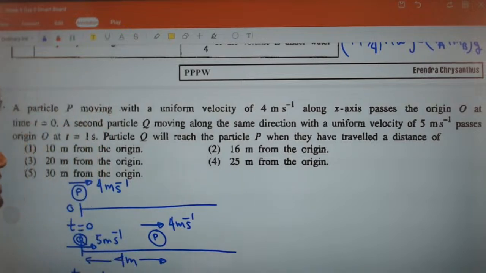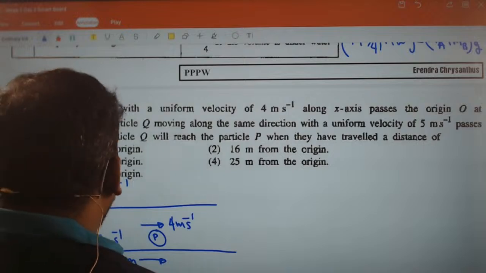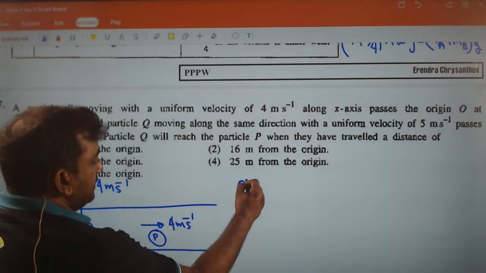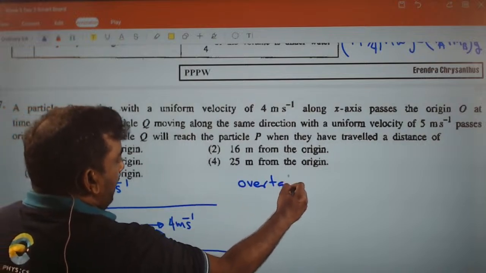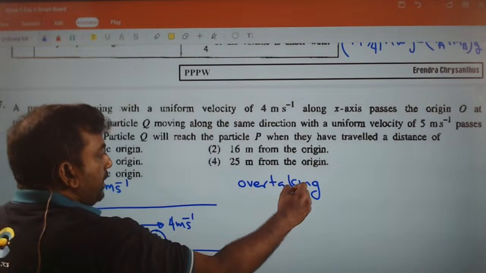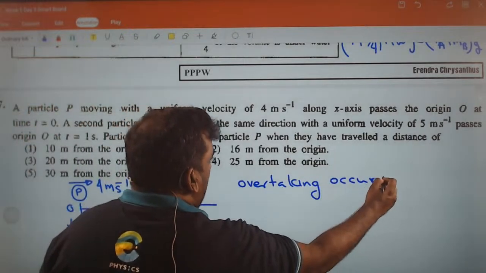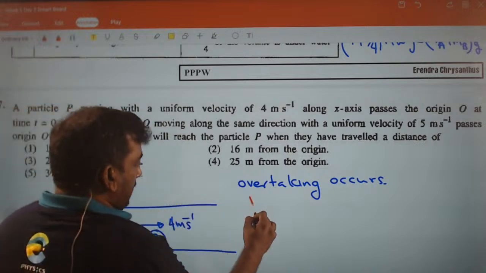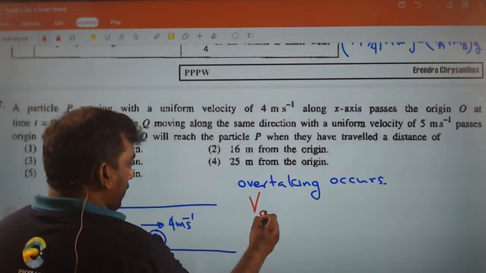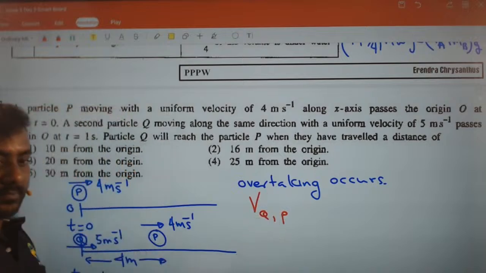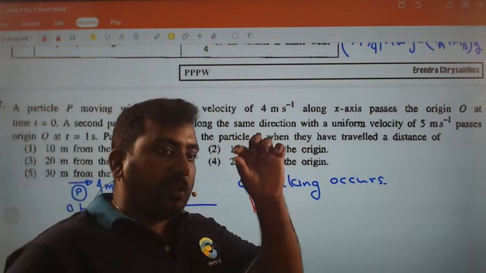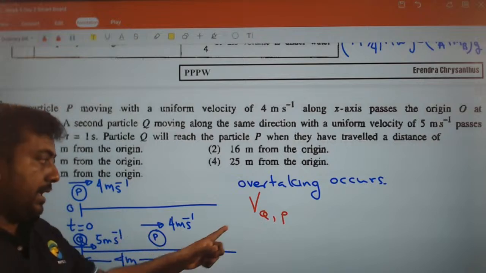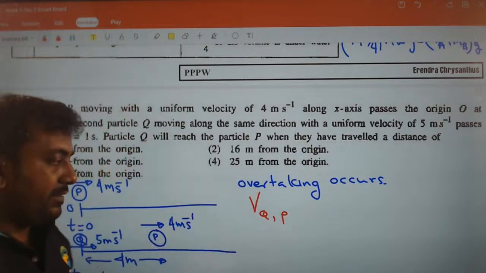Particle Q will reach particle P when they have traveled a certain distance. Now, when will overtaking take place? Overtaking occurs, so we can use some relative motion knowledge. What is relative motion? The velocity of Q with respect to P. With respect to P means mathematically we are stopping it.